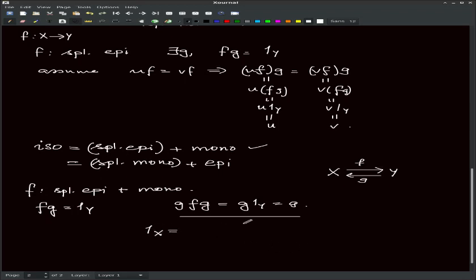If I go by something, let me see FG. FG is obviously a map from Y to Y. F is a map from X to Y. FGF is a map from X to Y: F goes from X to Y, G comes back, and F again.